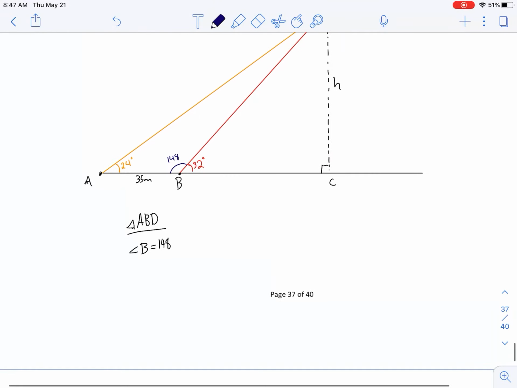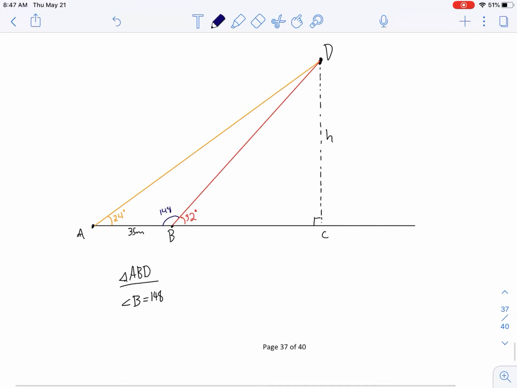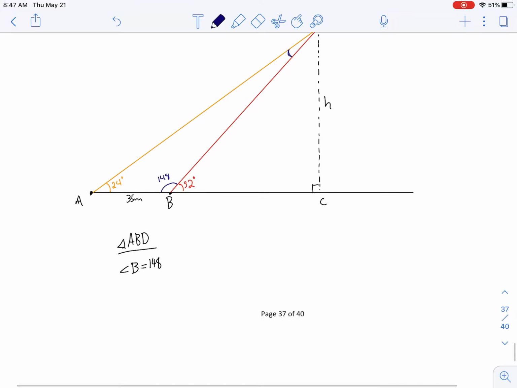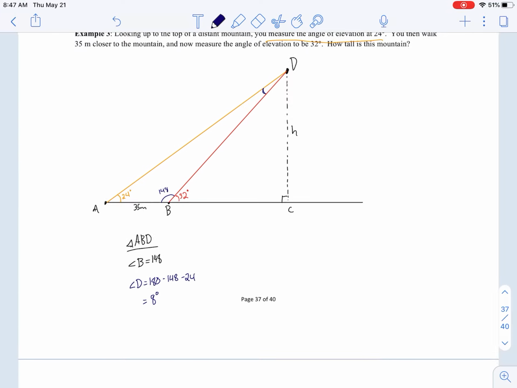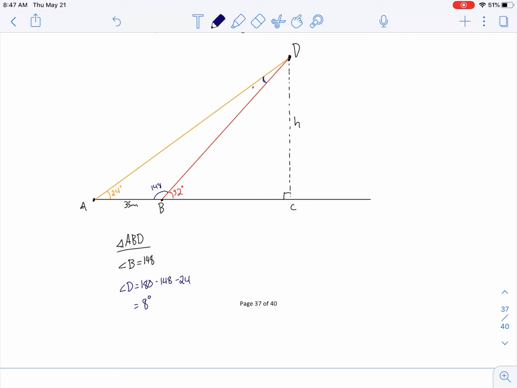And then angle D way up here, this tall, skinny one, hopefully it works out to be pretty small. 180 minus 148 minus 24 equals 8 degrees, do you believe? So we've got this small angle up here at the top.